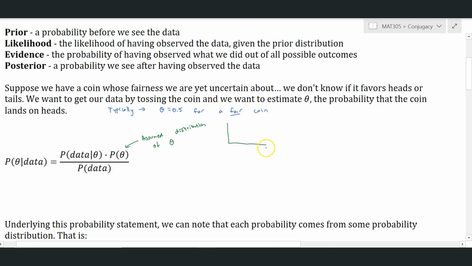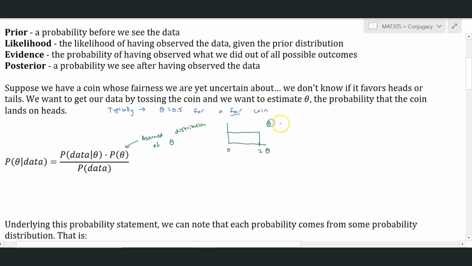One way to approach this would be to say, well, of course, theta, the probability that this coin lands on heads, we know that it has to be somewhere between 0 and 1. Now, as far as what the density should look like for any given theta, because we have no idea whether the coin is never going to land on heads or always going to land on heads, 0 or 1 respectively, we may just assume that this is going to be a uniform distribution.